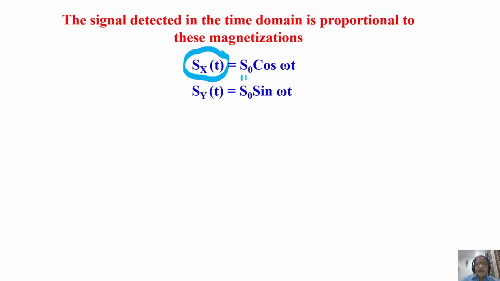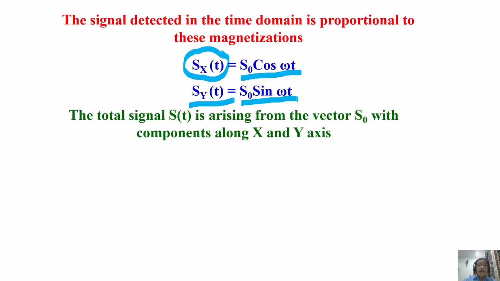I call it S0 cos omega t, where m0 was the total magnetization. Now I am taking the signal in the time domain: Sx of t corresponds to S0 into cos of omega t. The same for the y component: the signal along the y-axis as a function of time is S0 into sine of omega t.